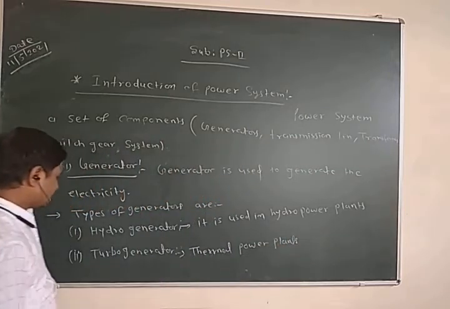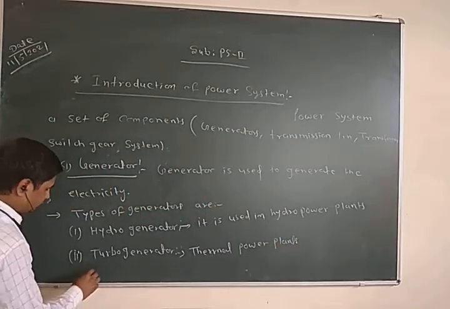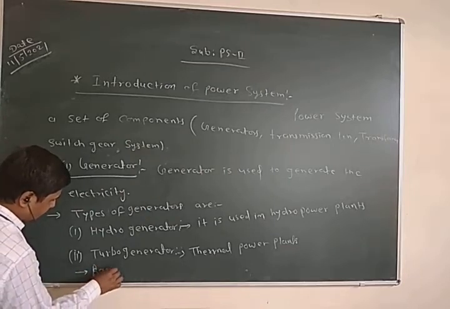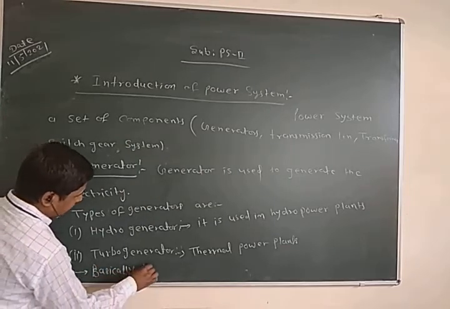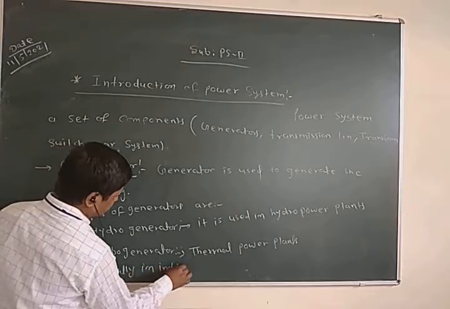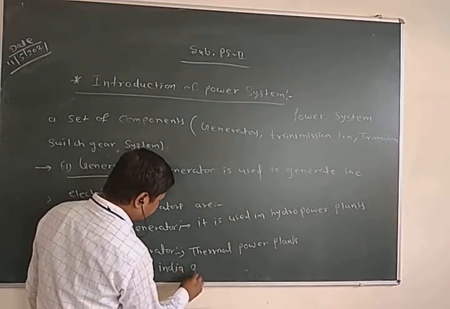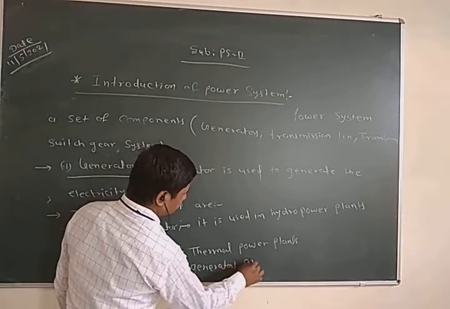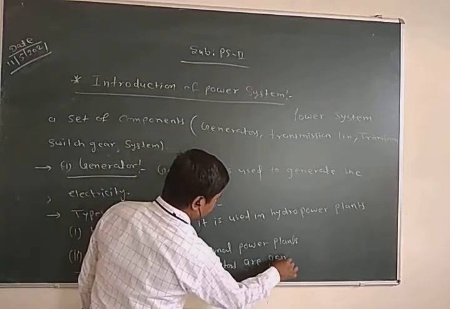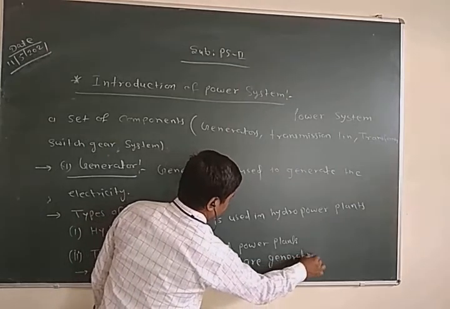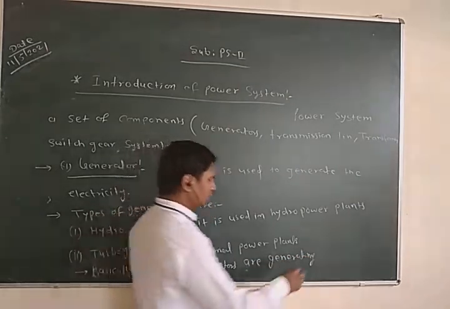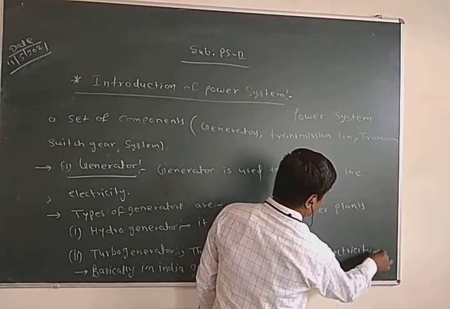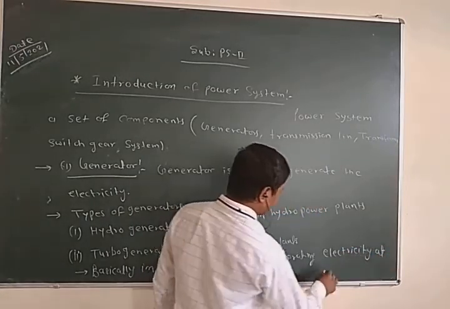Generators, basically in India, are generating electricity at 11 kV.